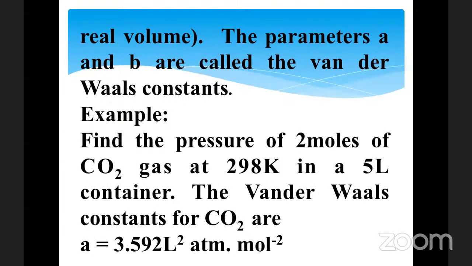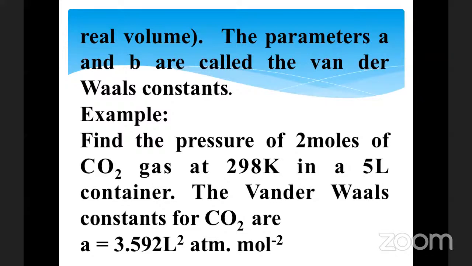So it's known as the excluded volume, which is after we have compressed the gas and we've gotten the exact volume of the gas; the other volume which the gas occupies when the pressure is not high is what we correct for. That's the nb. So the parameters a and b are called the van der Waals constants.